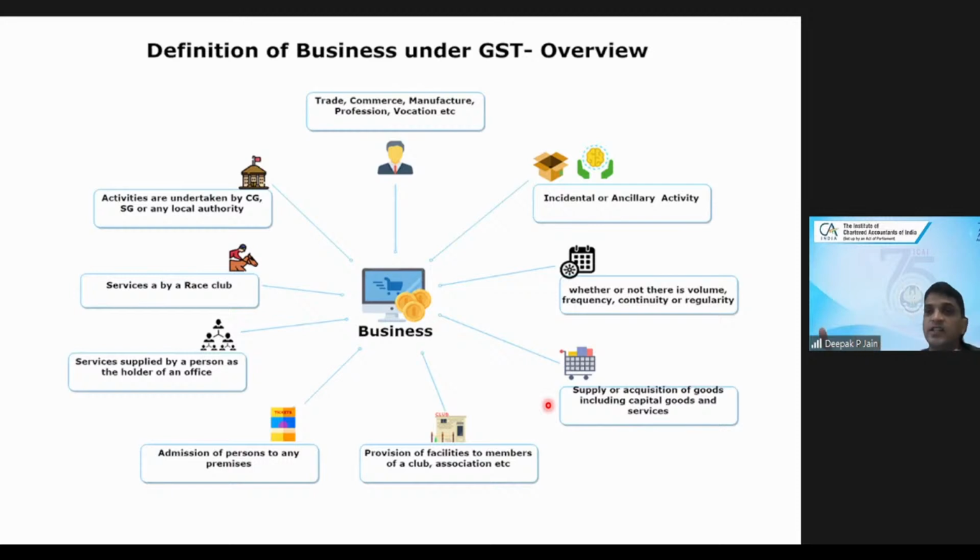A typical example: you have premises on which you pay rent. The government also constructs some commercial plots or shops and collects rent on them. Will that rent be payable, or will you say government has given me this, so why should I pay GST? No, still you have to pay GST, because activities undertaken by the central government, state government, or any authority are also covered under the definition of business.